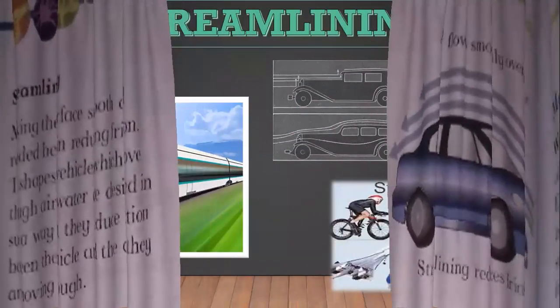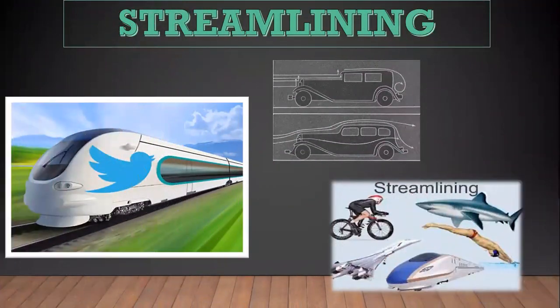There are some examples of streamlining. You see the train. Streamlining the bullet train reduces air resistance at high speed. Same there are the shape of an aeroplane, fish, a man who is diving in the water, the cyclist.